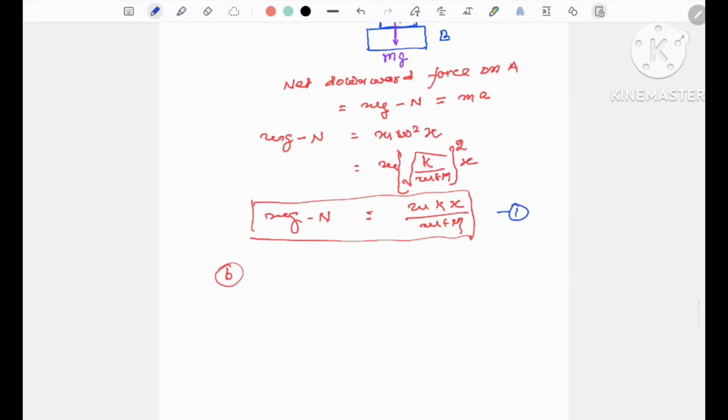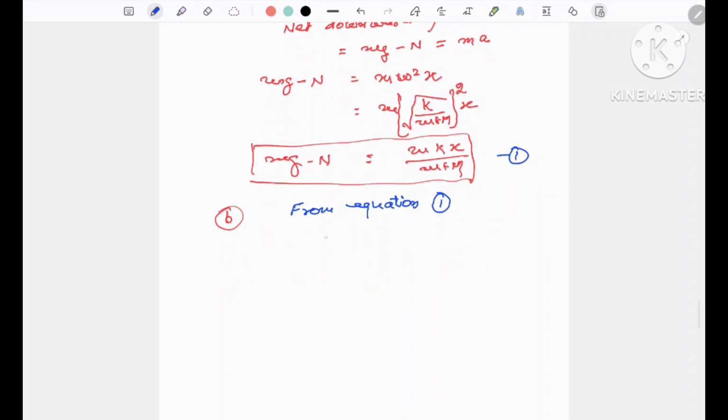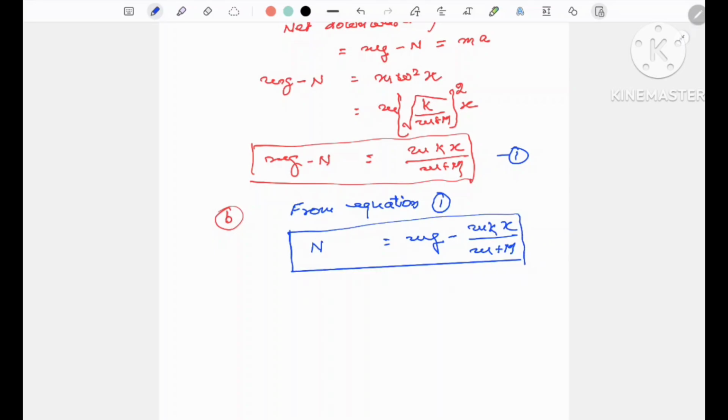From equation 1, N will be, the normal force is mg minus m k x upon (m plus M). This is the normal force when displacement is x.